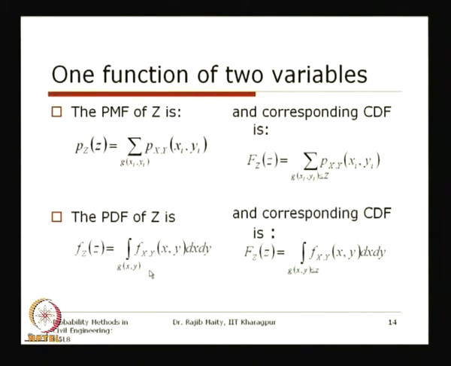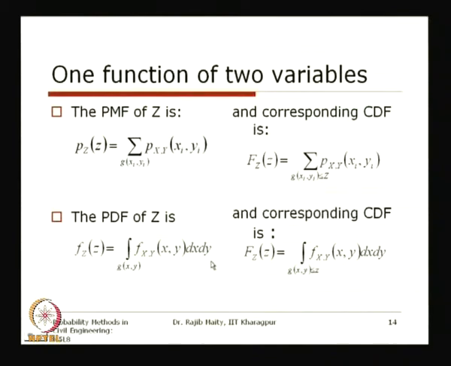Similarly, for the continuous case, to get the PDF of this Z, we have to integrate over the feasible range of this function, that is g(x, y), with respect to dx and dy. So, we have to do a double integration, as the number of random variables involved is 2. This is the bivariate case that we are talking about.